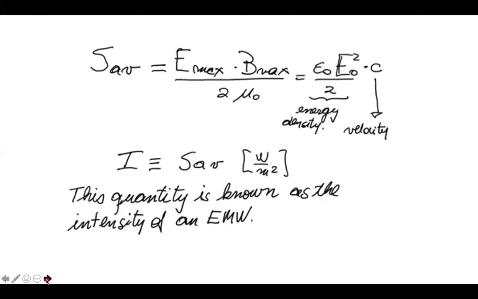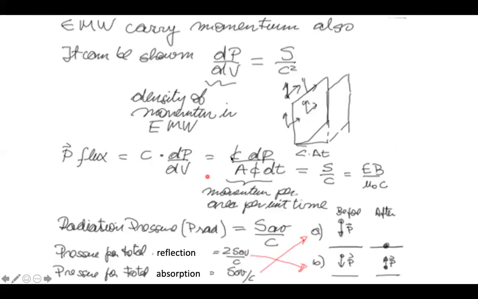In that sense, this is more strange though. Electromagnetic waves also carry momentum. Okay, so it can be shown. I'm not going to go through the whole detail, but this here is the density of momentum in an electromagnetic wave. Okay, the density.